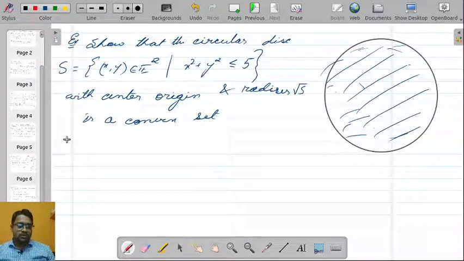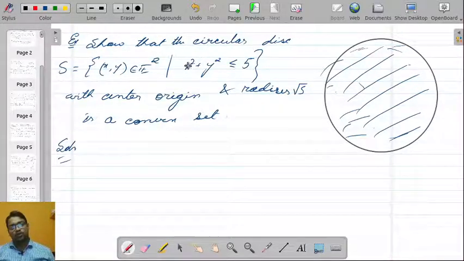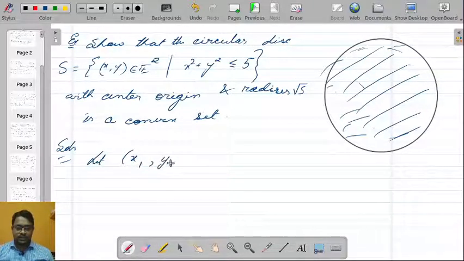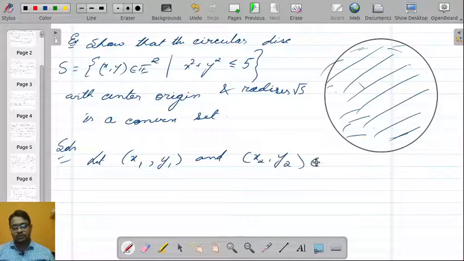So how will you show this? We have to take 2 points inside this circular disc and show that the straight line segment joining those 2 points is also inside the same set. Let us take these 2 points (x1, y1) and (x2, y2) belonging to S, be any 2 points.